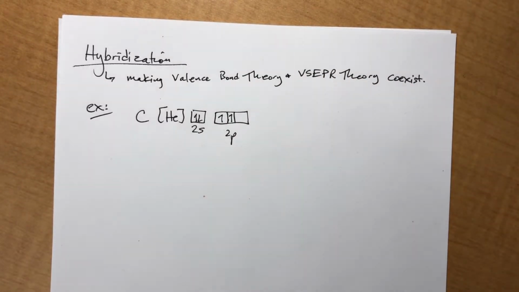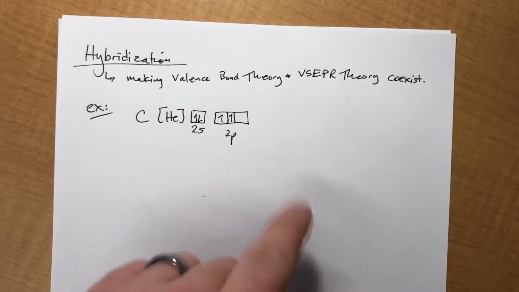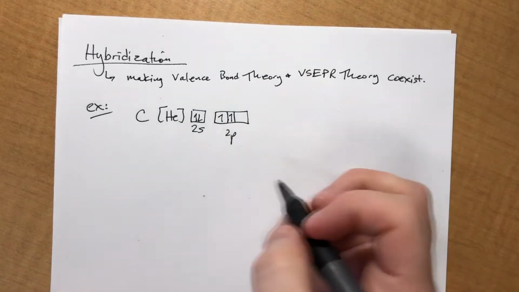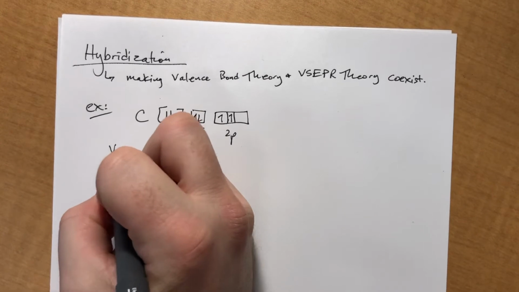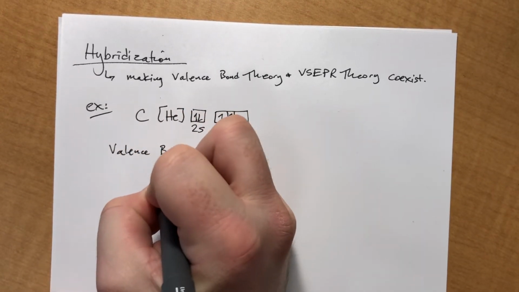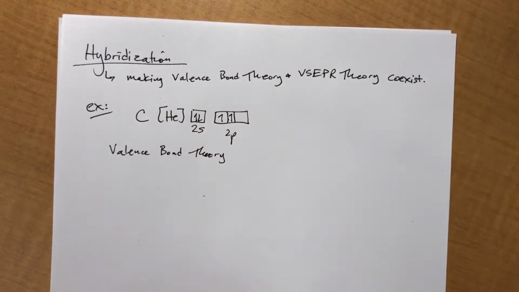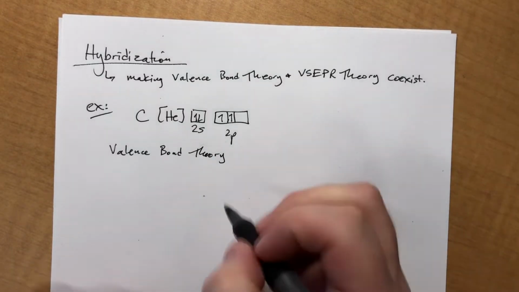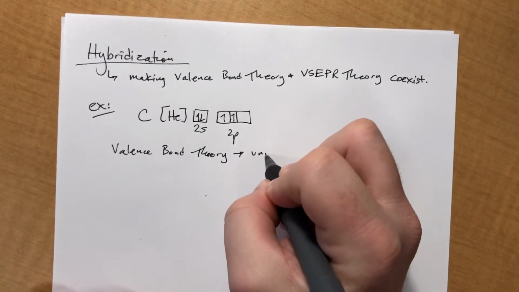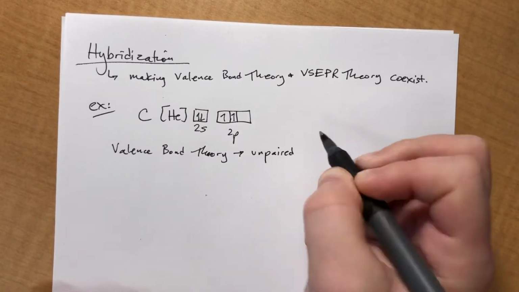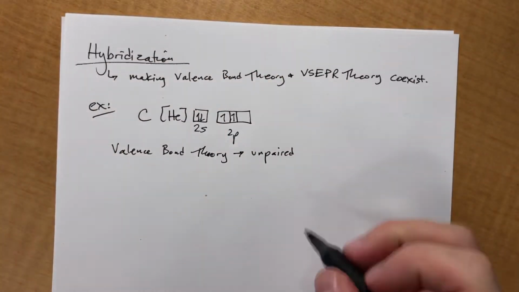And the idea is that based off valence bond theory, you need to have unpaired electrons, right? Because you have to have unpaired ones to be able to pair up to make the bond.